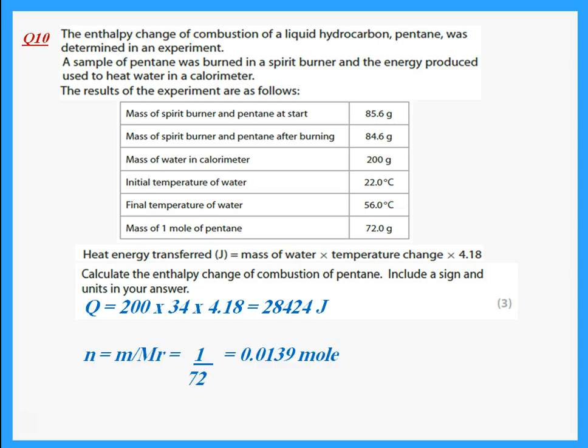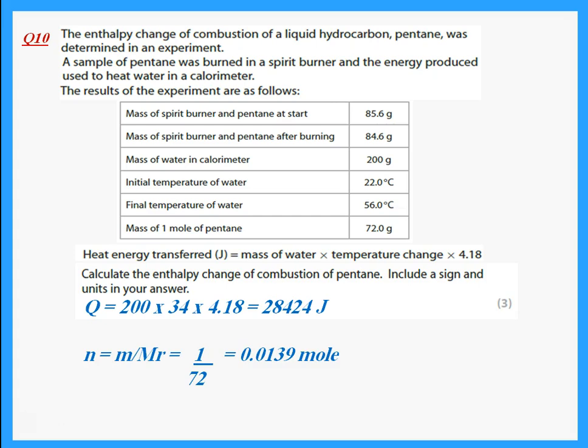Well, I'm going to use mass over molecular mass because he gives me a mass. Can you see up there in the table, the mass of spirit burner and pentane at the beginning is 85.6. The mass after burning is 84.6. That means the mass that I burned is the difference between them. So that's just 1 gram, 1.0 gram actually.